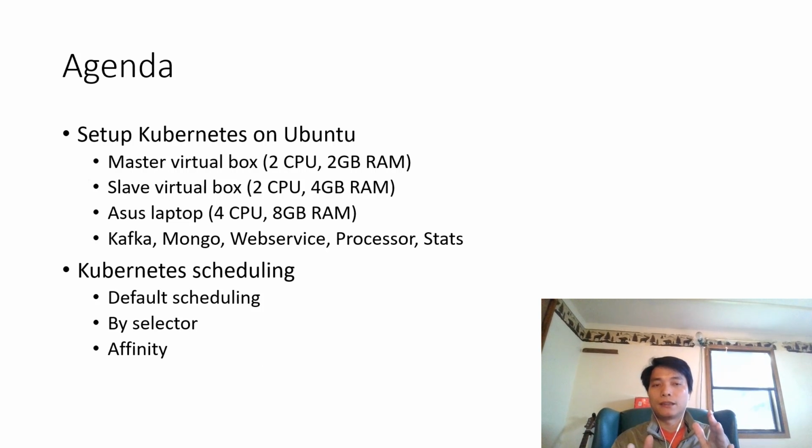Okay, so now we will discuss Kubernetes scheduling. Scheduling means that it assigns a pod to a node. It's much more complex, but we can simply understand it as assigning a pod to a node.